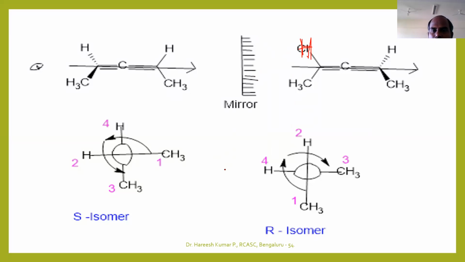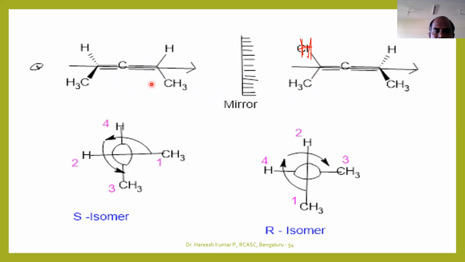Right. So now CH3, CH3, and of course this H is this and CH3 is this. So these two are mirror images. That means optically active isomers or enantiomers are nothing but non-superimposable mirror images of each other. So that means these compounds exhibit optical activity, and these two are the enantiomers.